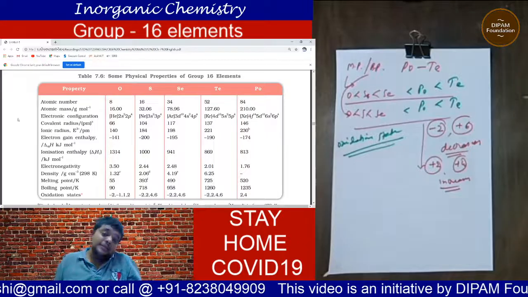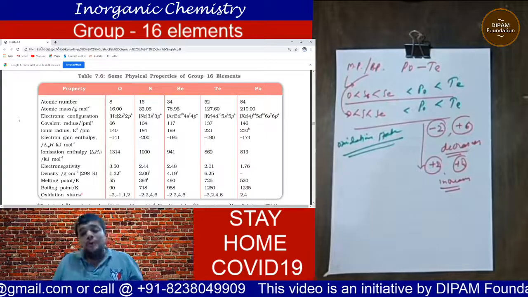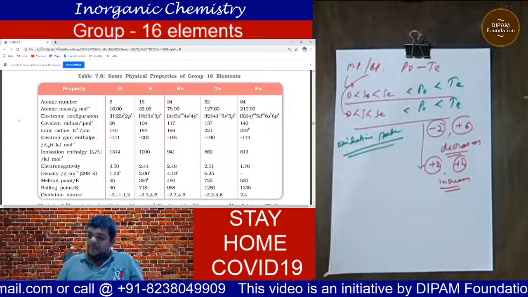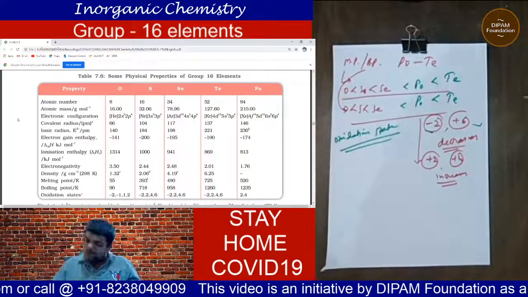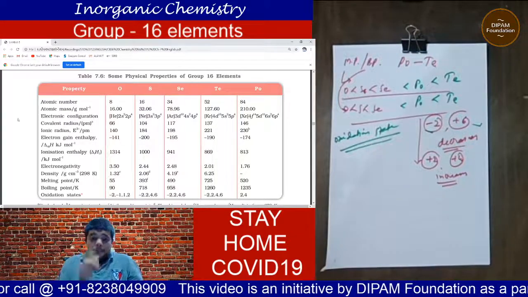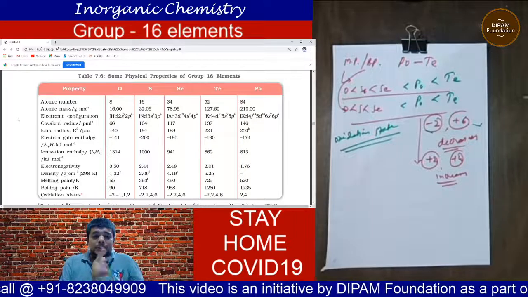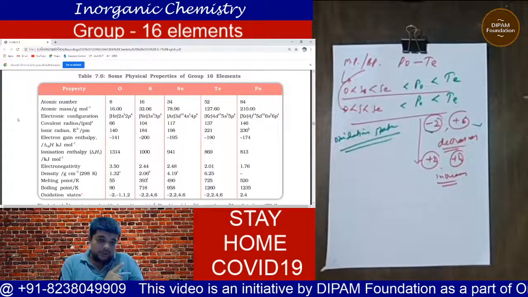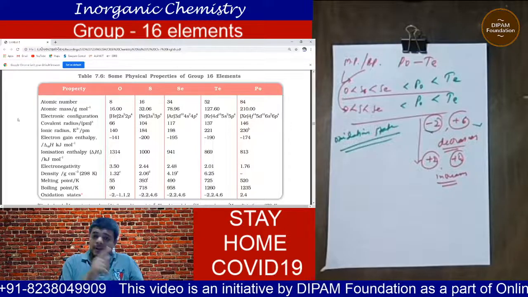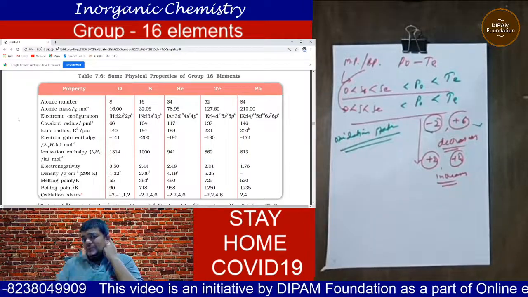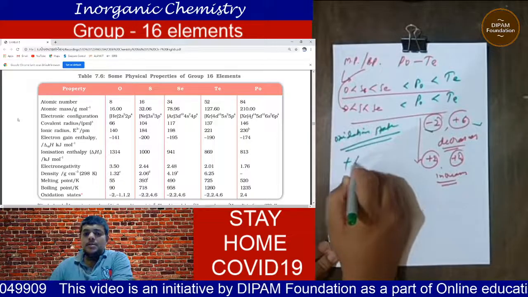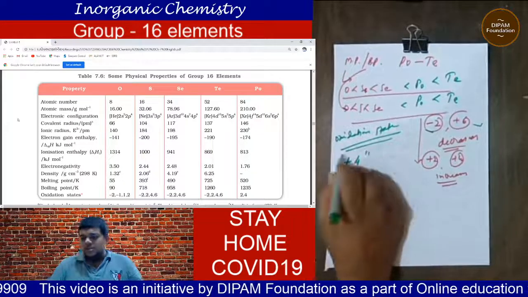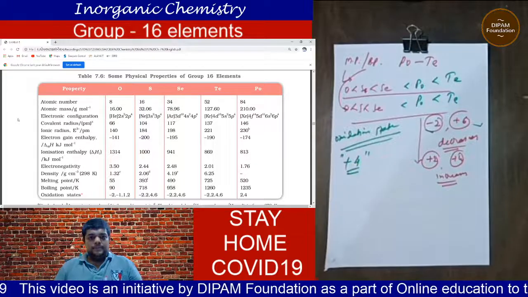You see over there in the table, polonium is found to have plus 2 and plus 4. It means plus 6 and minus 2 are missing. So going down the group, these two are missing. But initially you did not find plus 4 in oxygen. But when you moved forward from sulfur to selenium to tellurium to polonium, plus 4 was there.